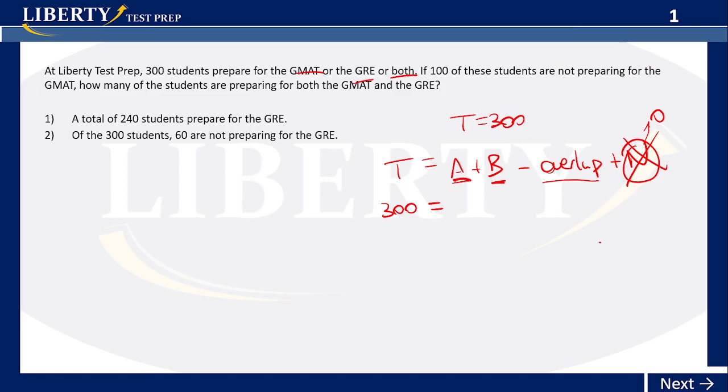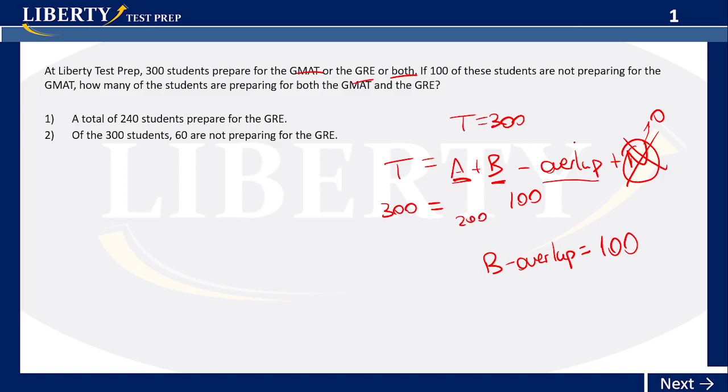So we know that B minus the overlap is equal to 100, right? And they ask you, how many of the students are preparing for the GMAT, the GRE, or both? Actually, we can get it right away, because if this is 100, we can get the value for A. A would be what? 200.